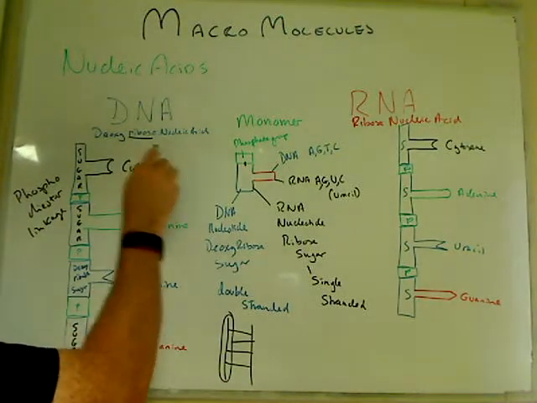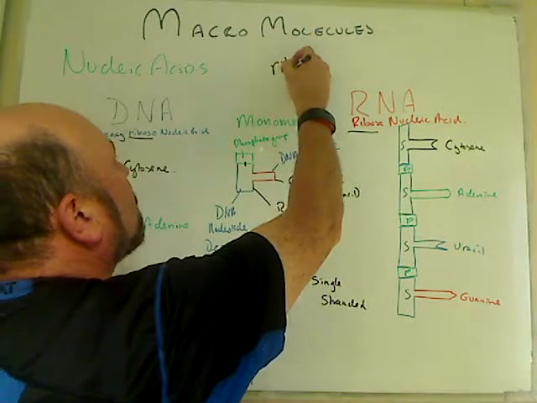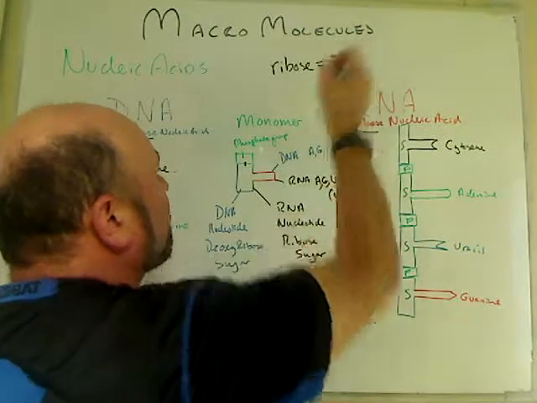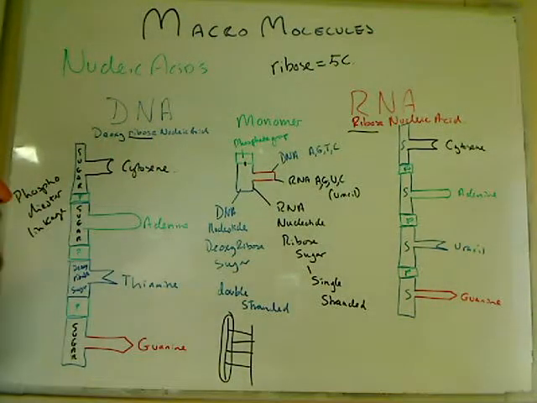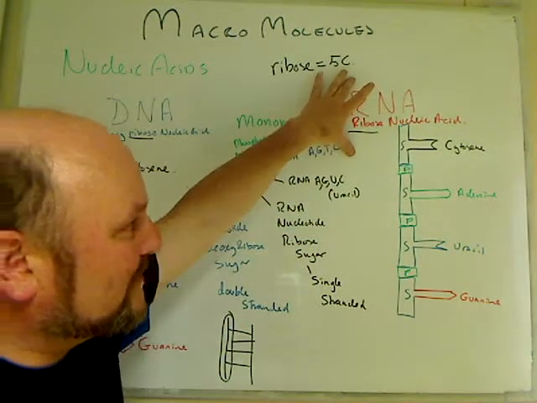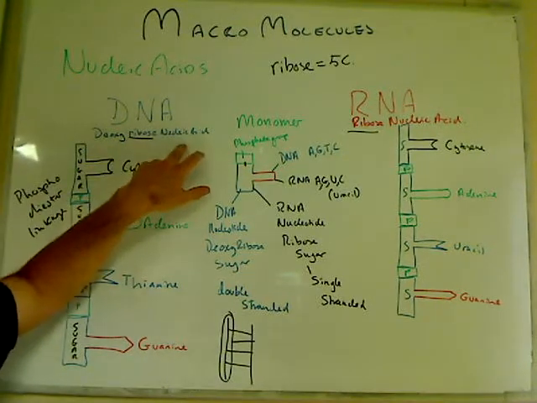Both of the sugars are ribose sugars. Now, ribose sugar equals 5 carbons in it. The only 5 carbon sugars found in nature are ribose sugars. And there's two versions of it. There's the ribose sugar itself and the deoxyribose sugar.